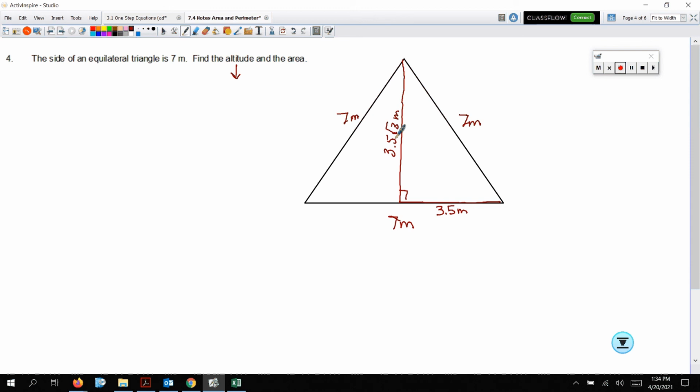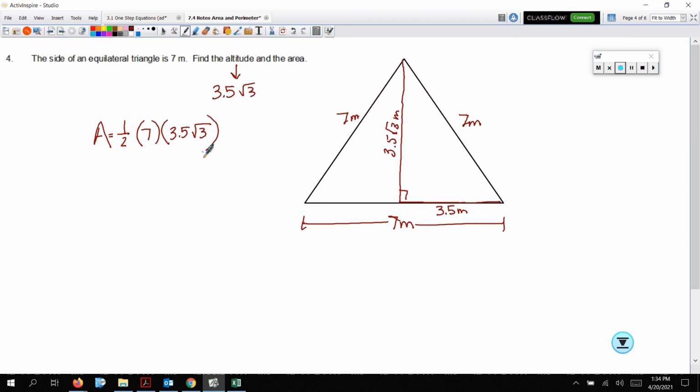All right, now we have all the information to find out. Well, let's put this in. 3.5 root 3, that's the altitude. Now to find the area, 1/2 times the base. Remember, you want to use the whole base. I'm going to use 7, not 3.5, times the altitude, 3.5 root 3.